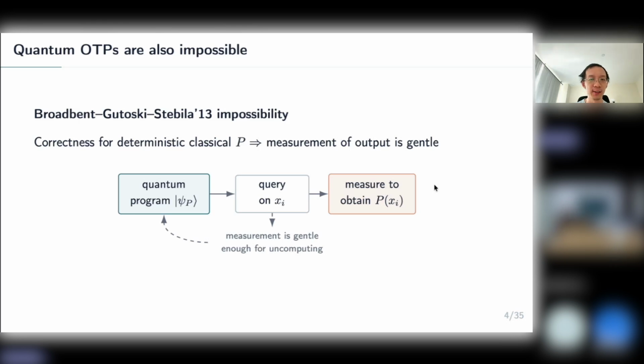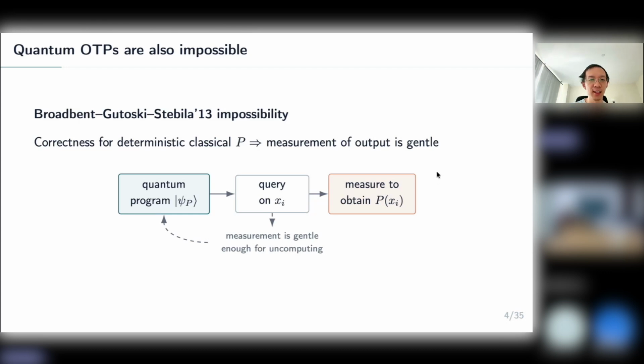In particular, suppose your P is a classical deterministic function, which is the default scenario that we work in in obfuscation. Then even if you use a quantum state for your one-time compiler output, it is still impossible due to the gentle measurement attack.